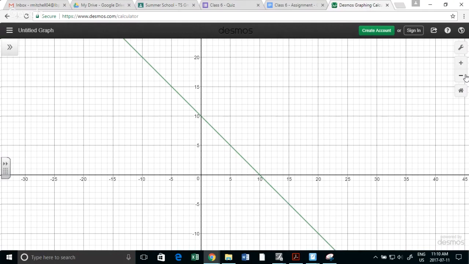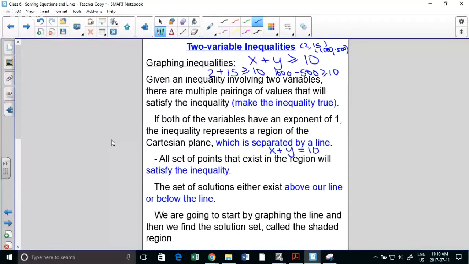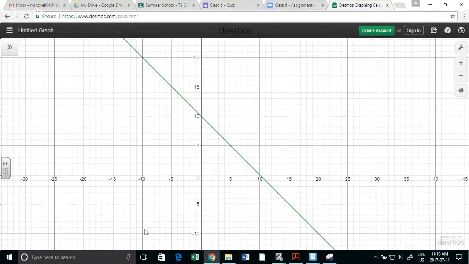So it's half and half. The idea with inequalities is that this line separates it into solutions and non-solutions. Every point in half of this plane is going to be a solution, and the other half is not going to be a solution. So it's our job to determine what this looks like.